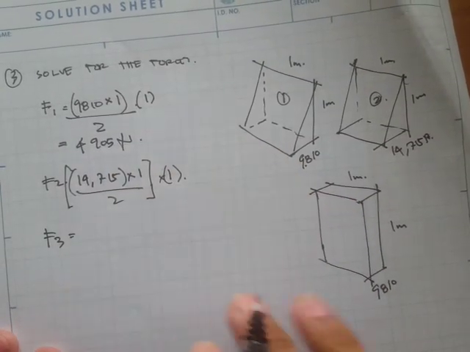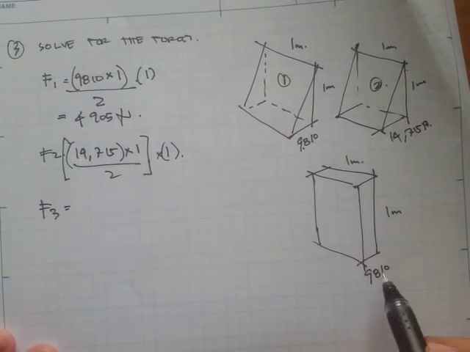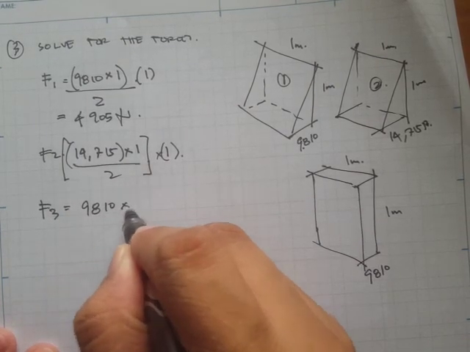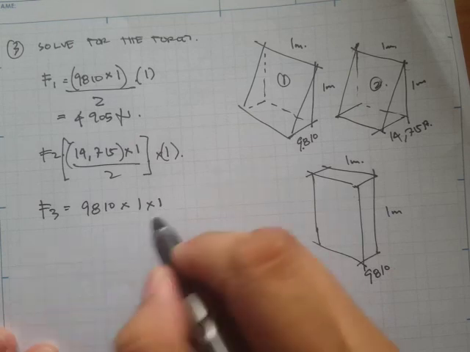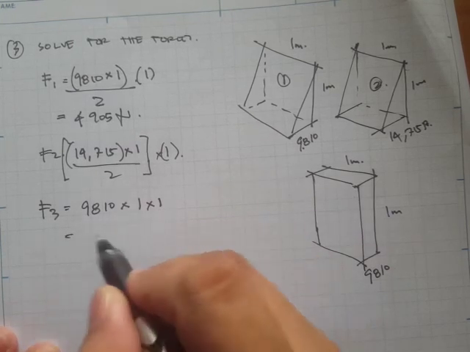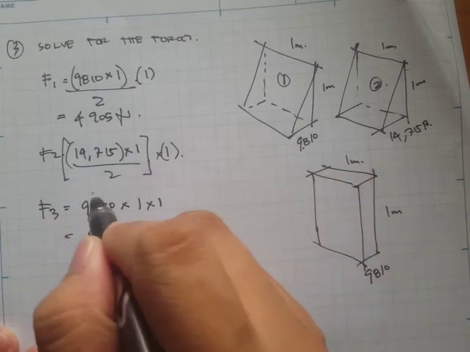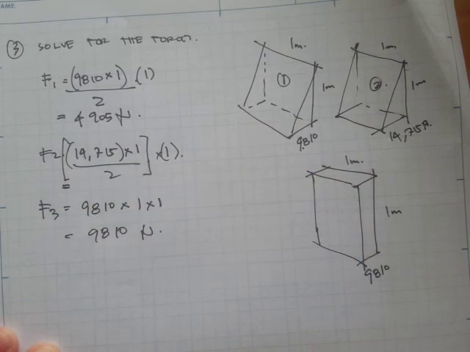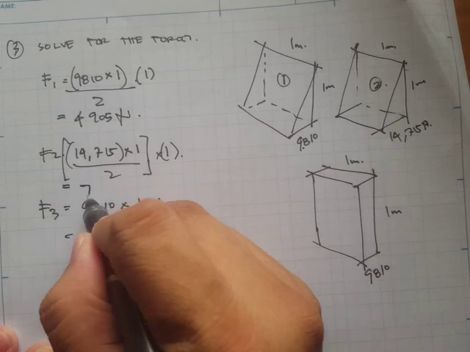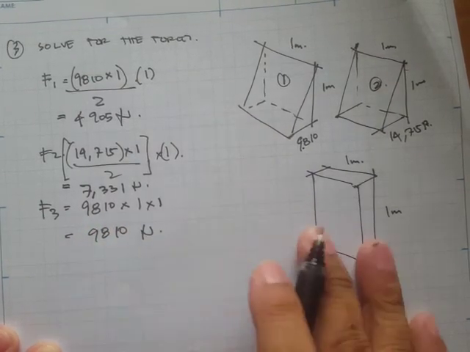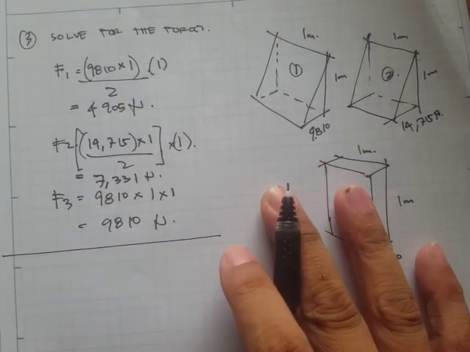And for prism number 3, we have a rectangle, which is simply 9,810 times 1 times 1, that's going to be 9,810 Newton. And this one is 7,331 Newton. Okay, so now we're done with the forces.